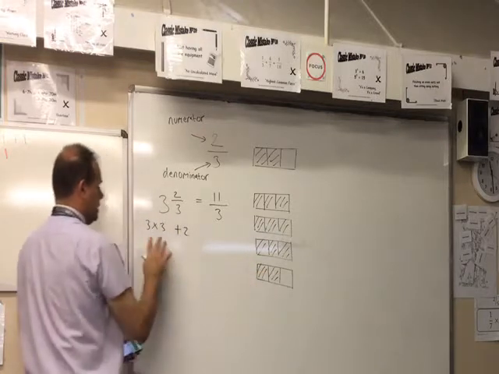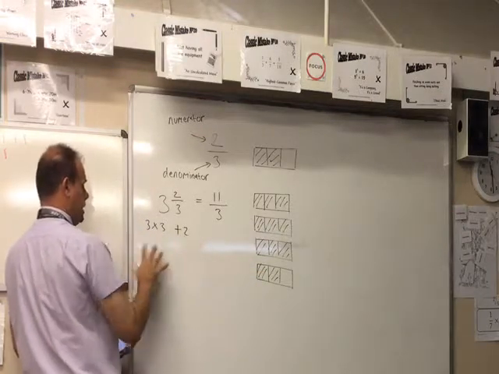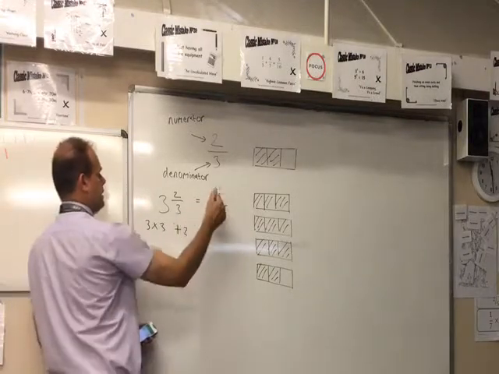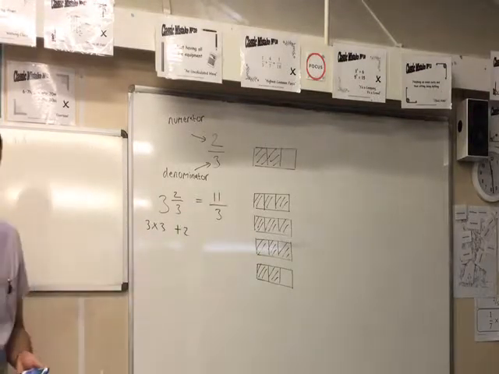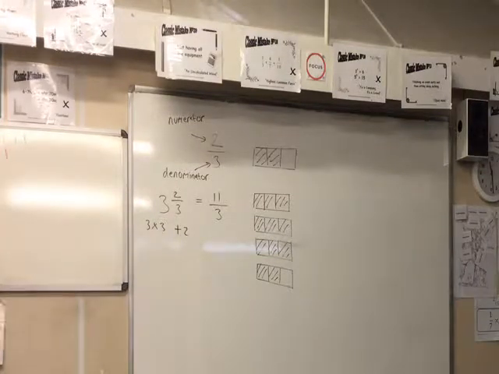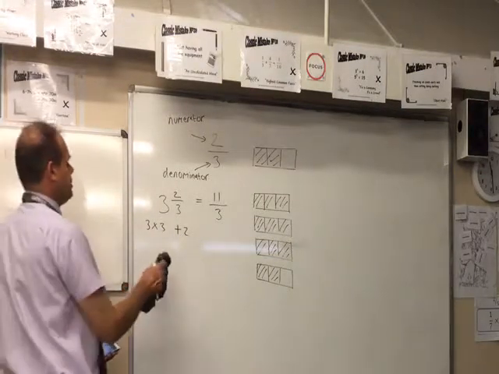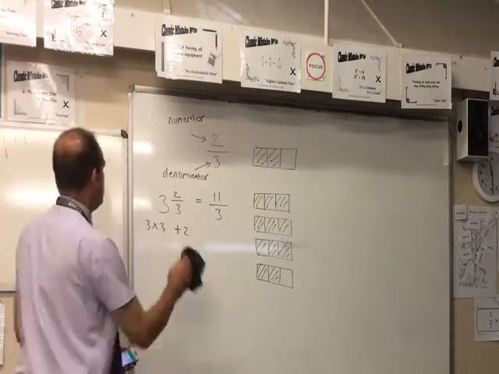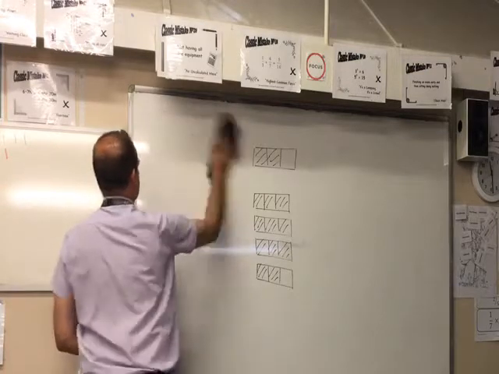And obviously we multiply before we add, linking up with BIDMAS, and we will then get 11 thirds. So that gives you some idea of how to change a mixed number into an improper fraction or top-heavy fraction. If I just rub that out, because now I'm going to perform the four operations.